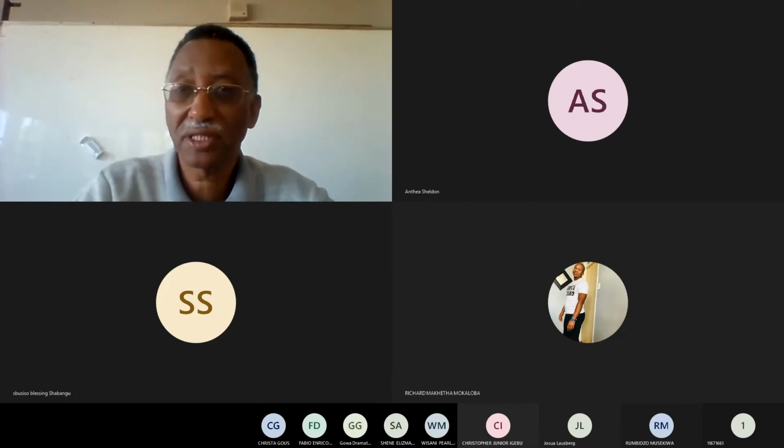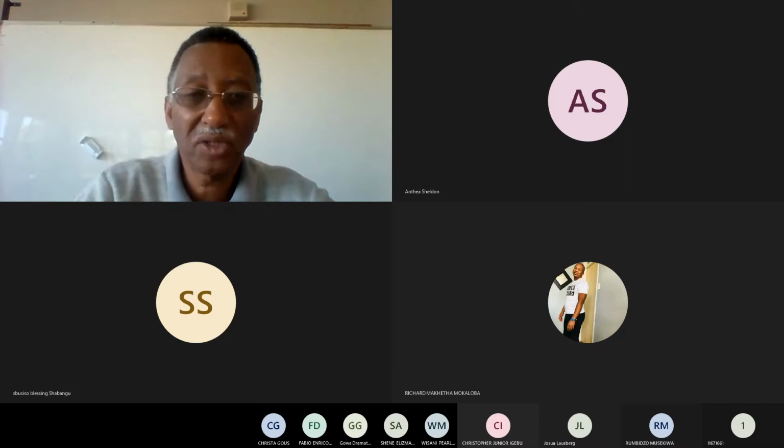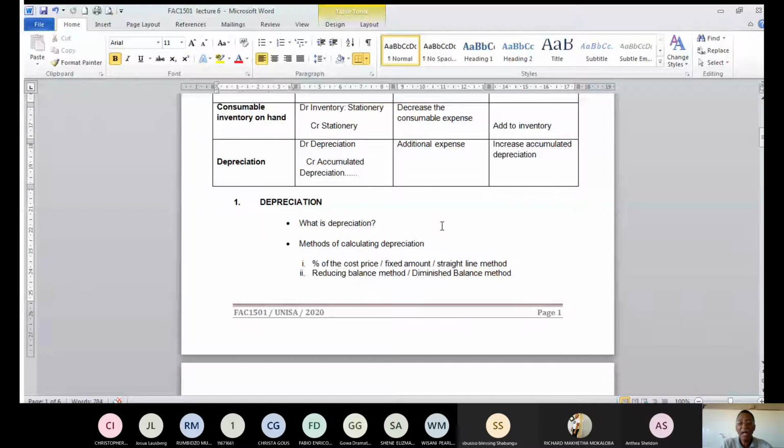Right, back to our notes. I have explained to you now what depreciation is. And now we are going to focus on the methods. How do we calculate the depreciation? In FAC1501, we are just dealing with 2 methods in which you can write off the depreciation on an asset.